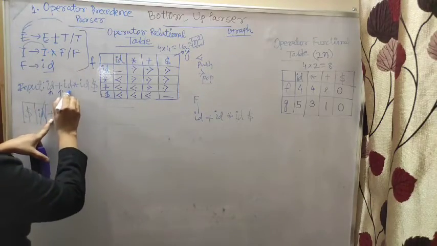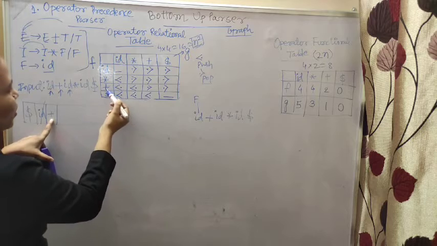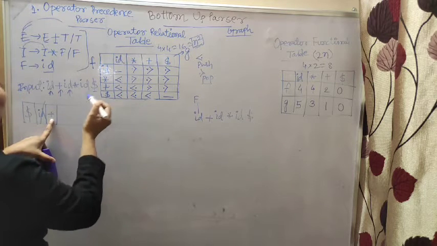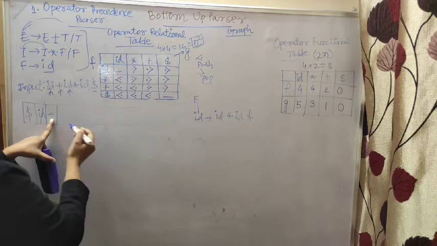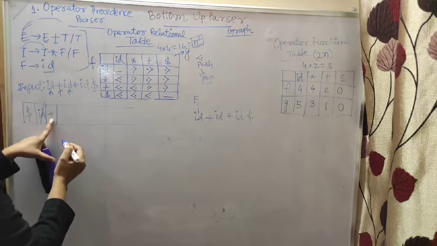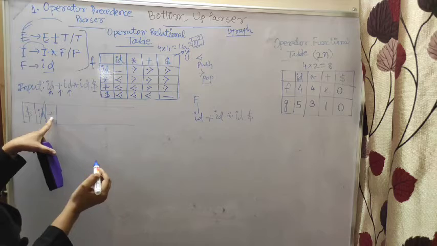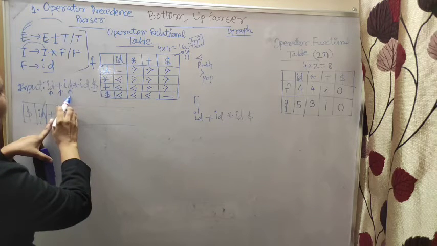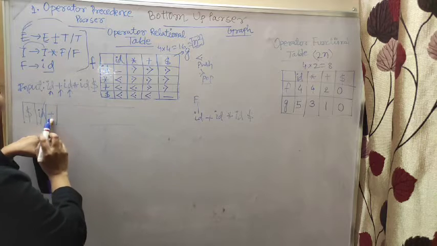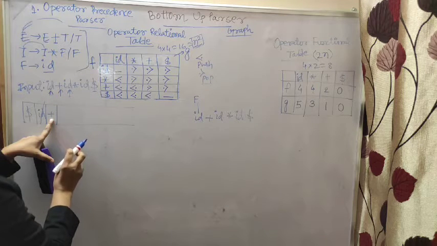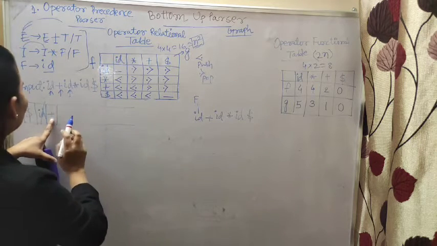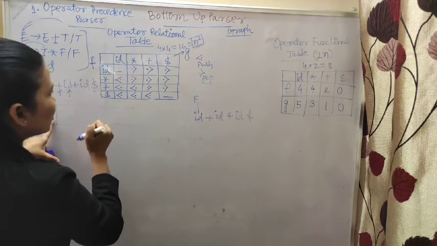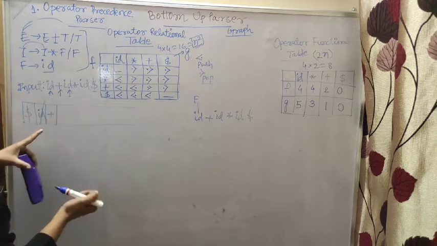Plus with id, again pop it. Pop what? id, plus, and id. Yes, it is the least precedence.